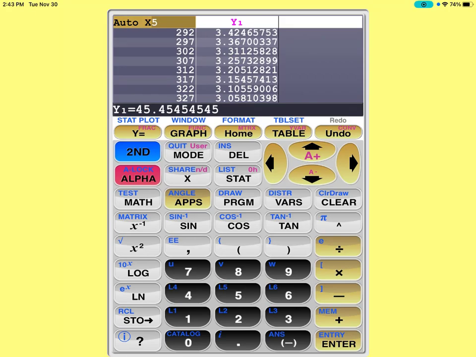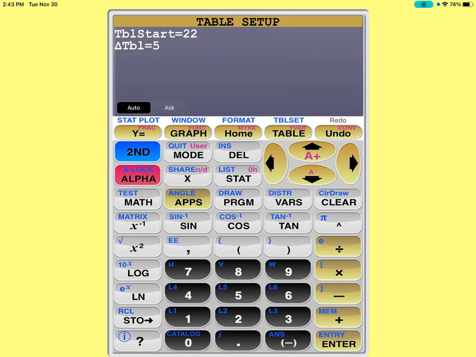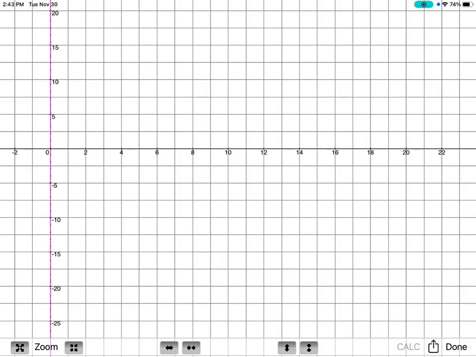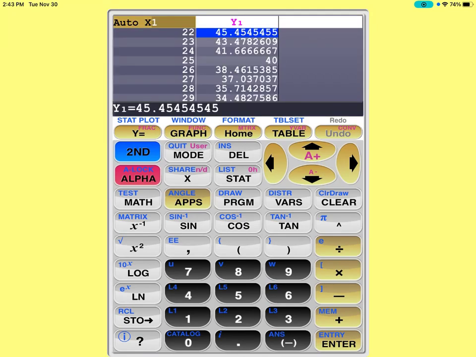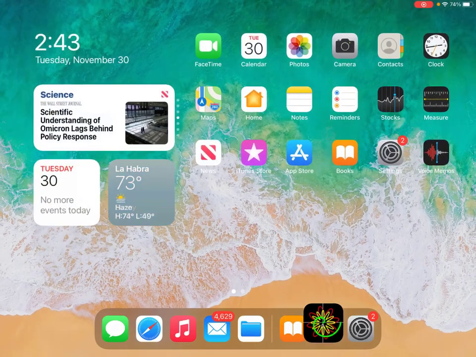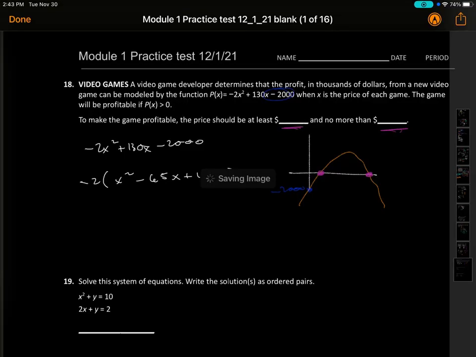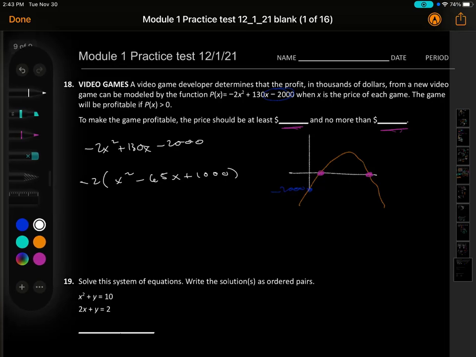Maybe I shouldn't have to count by ones. Nope. Table. Okay, right there. 25 and 40.